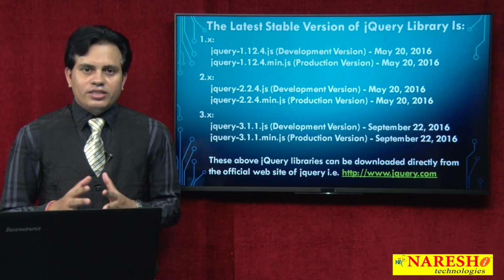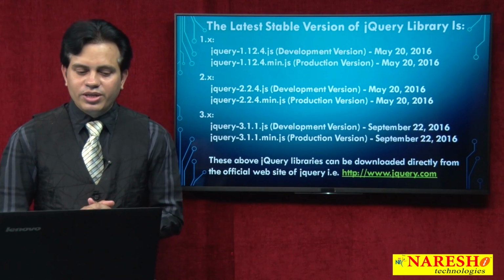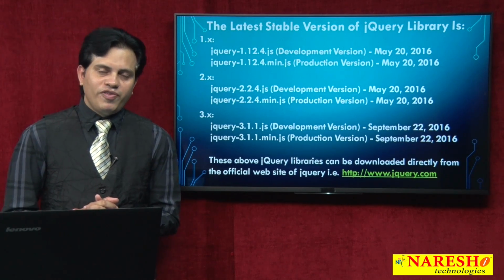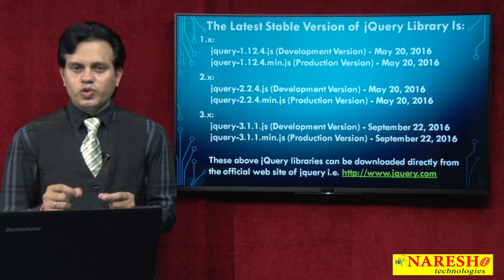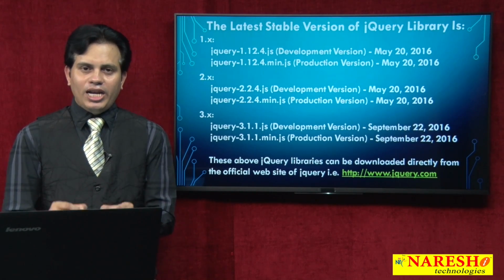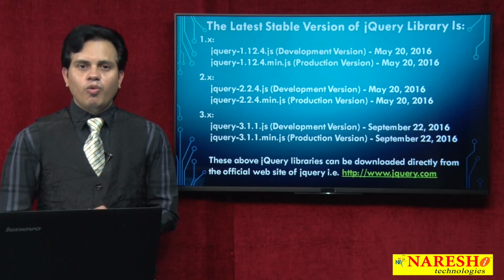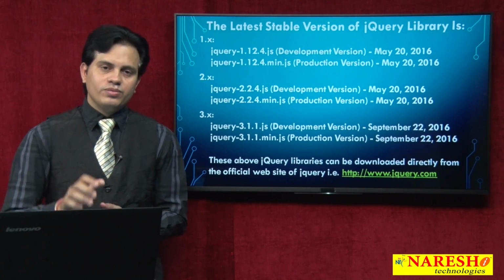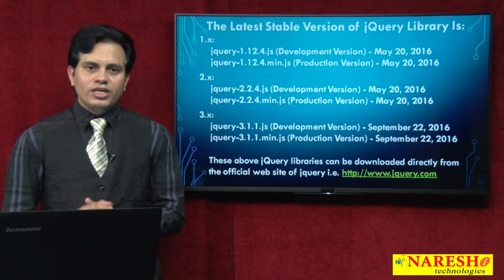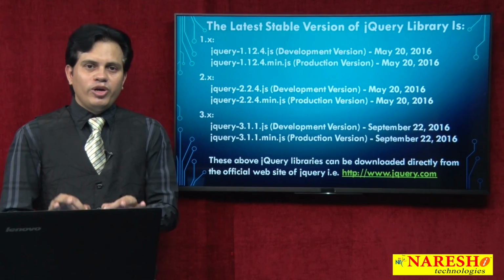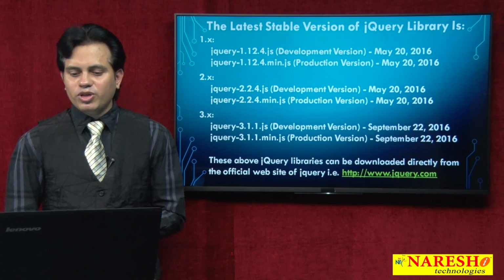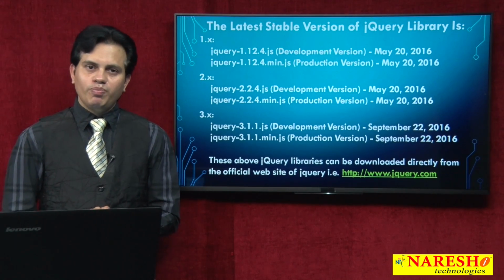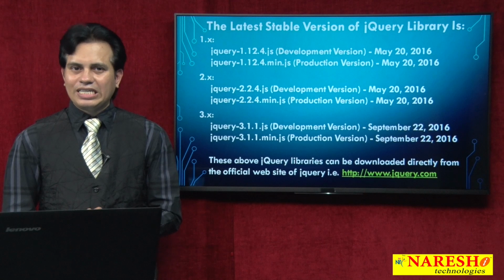So the latest stable versions of the jQuery library: if you talk about the first one, 1.x, in the 1.x edition, today the stable and latest version is 1.12.4, which we call jQuery-1.12.4.js. It is a development version released on May 20th, 2016.